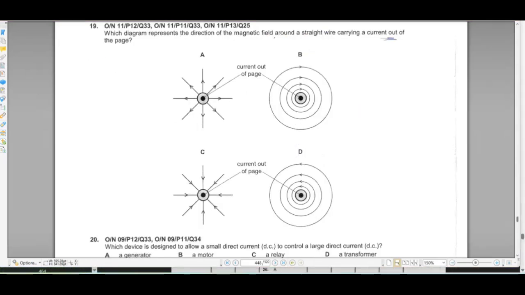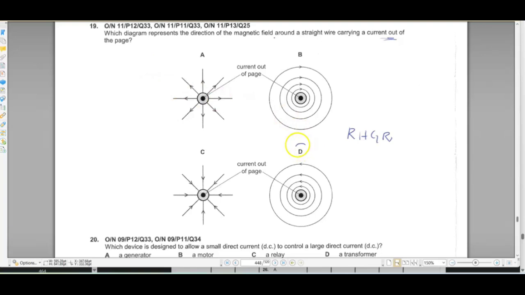Question number 19. Which diagram represents the direction of the magnetic field around a straight wire carrying current out of the page? Okay. You have to use your right hand grip rule over here. So if the current is going out of the page, the thumb is going to point towards us. Okay, and the fingers are going to be curling anti-clockwise.